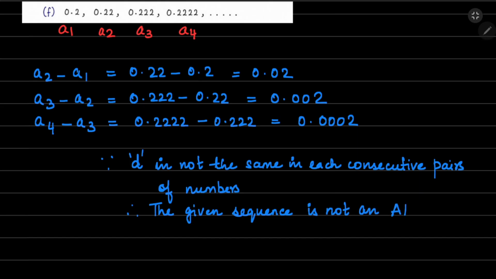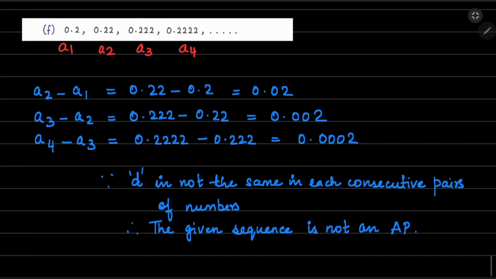It's not an arithmetic progression. Okay. So this is how you have to do. Let's move on to the next question. 0, minus 4. Let's do the same way. Your first term, second term, third term and your fourth term.